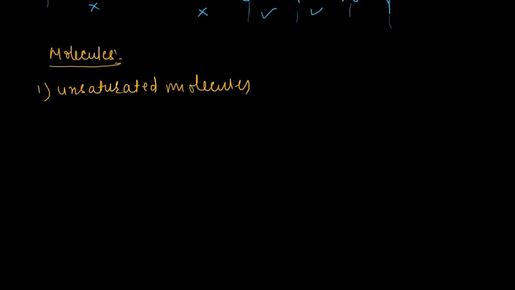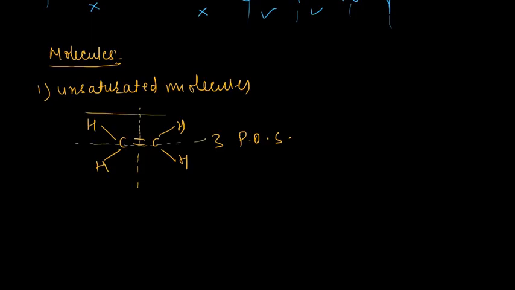So if we talk about unsaturated molecules, first we have hydrogen, carbon, then carbon, hydrogen, and hydrogen. Here we have three planes of symmetry. How? First plane is this, second plane is this, and third plane is a sandwich plane, the plane which contains the molecule, because it is a planar molecule.